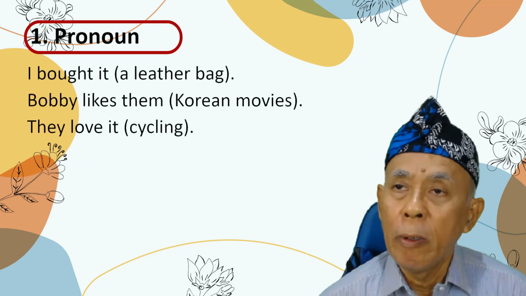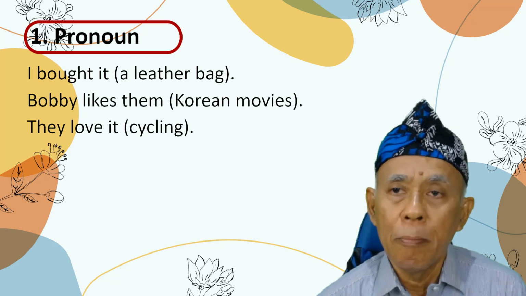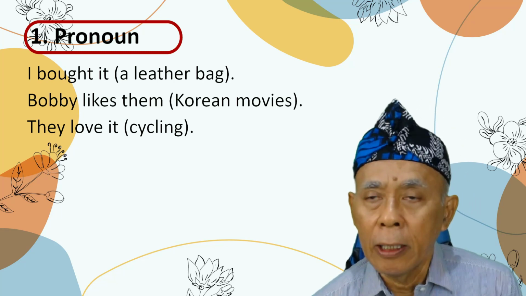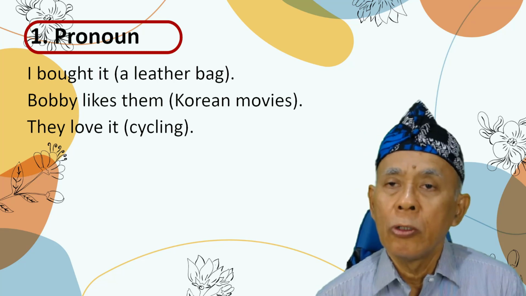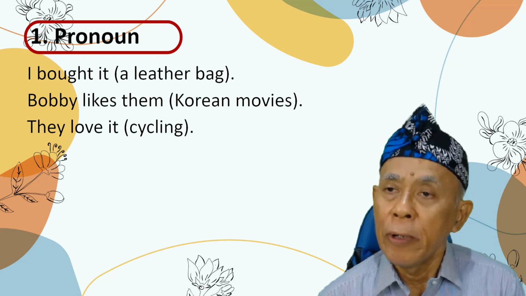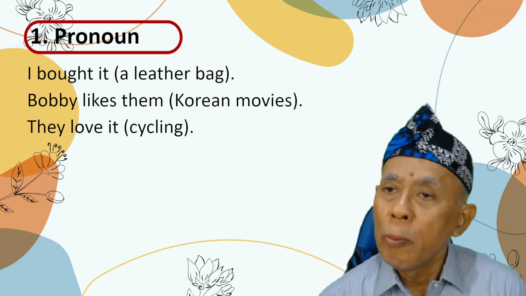The first form of an object is a pronoun. Here we have the example, I bought it. It here replaces a leather bag. A pronoun is a word category which functions to replace a noun or a noun phrase. Poppy likes them.